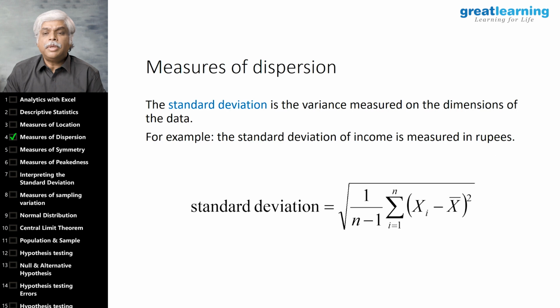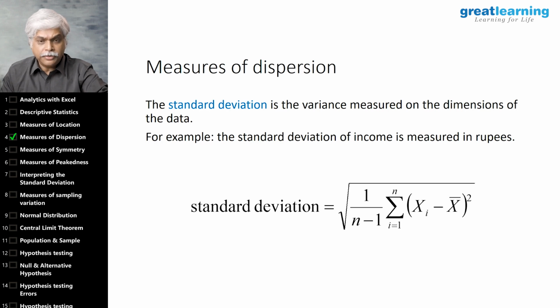So if the income is in rupees, then the standard deviation is in rupees, much as the mean is in rupees and the median is in rupees, or dollars or cents. So therefore, the standard deviation is a measure of variability on the same scale as the mean and as the observations themselves.